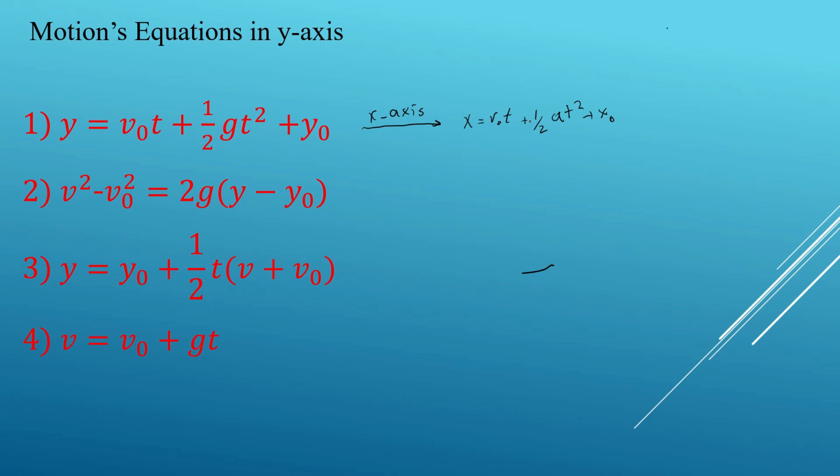One thing I'd like you to remember from the previous video is g is equal to 9.8 meters per second squared, or you might find it as minus 9.8 meters per second squared, and this comes from gravity. So this g or acceleration never changes because gravity never changes, right?